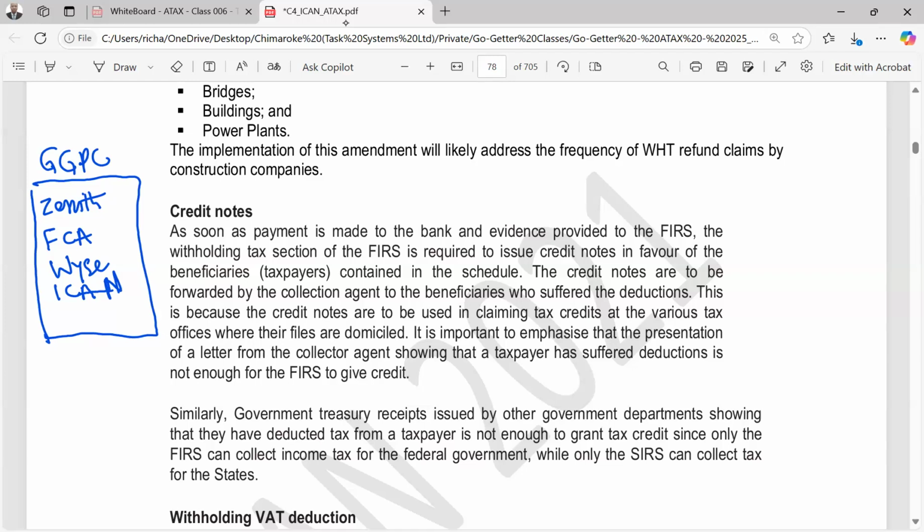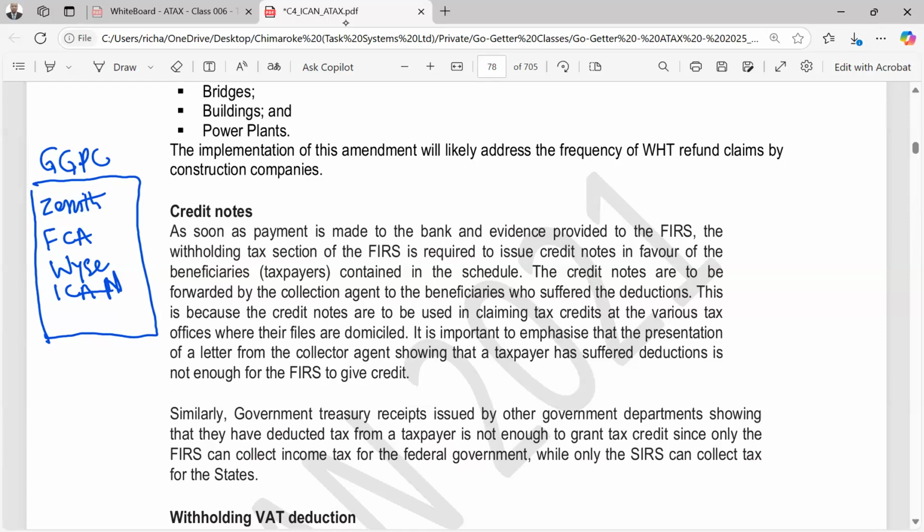It is important to emphasize that the presentation of a letter from the collector agent showing that the taxpayer has suffered deduction is not enough to give credit. So it means that when GGPC collects the withholding tax from Zenith, FCA, and ICAN, and GGPC now issues them a letter saying, okay, this letter shows that I have collected withholding tax from you and all that.